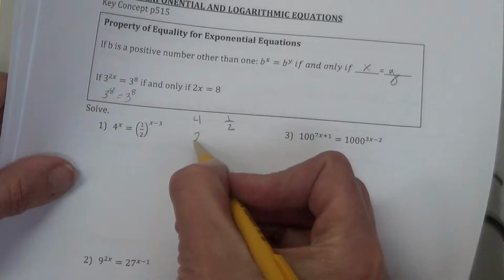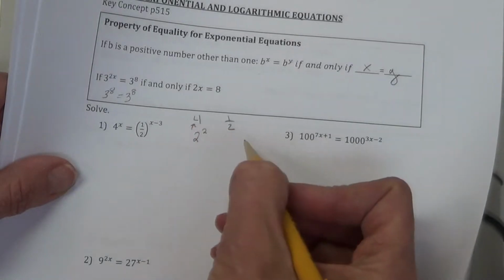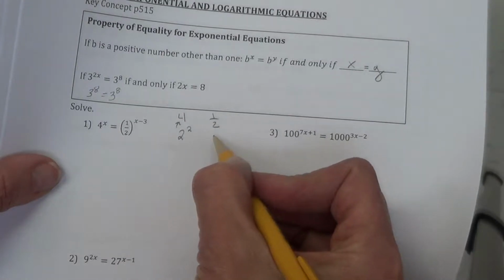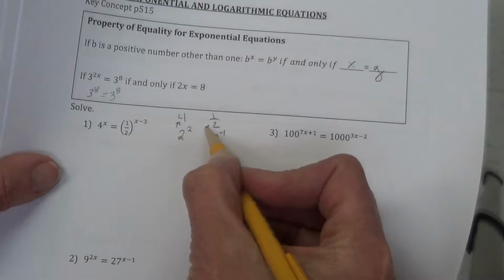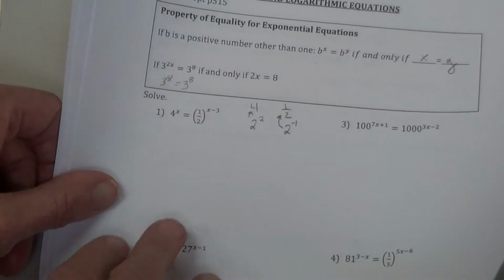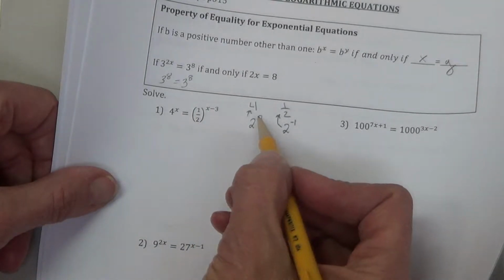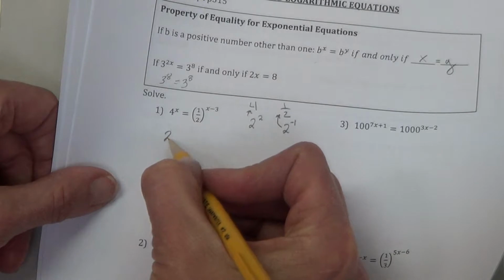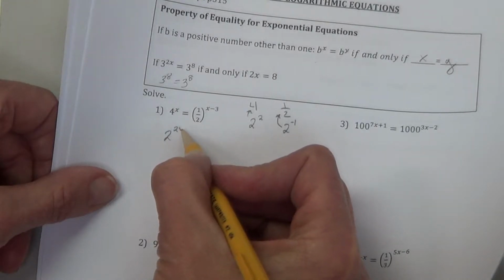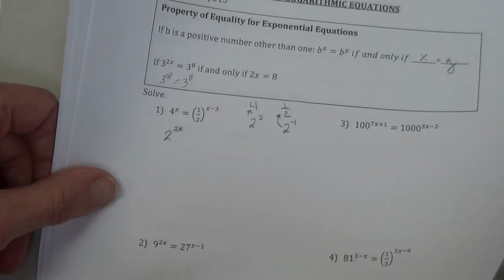4 is equal to 2 to the 2nd. 1 over 2 is equal to 2 to the negative 1. So, in our equation here, 4 being equal to 2 squared, we write 2 to the 2x. Just bring that x right on down.